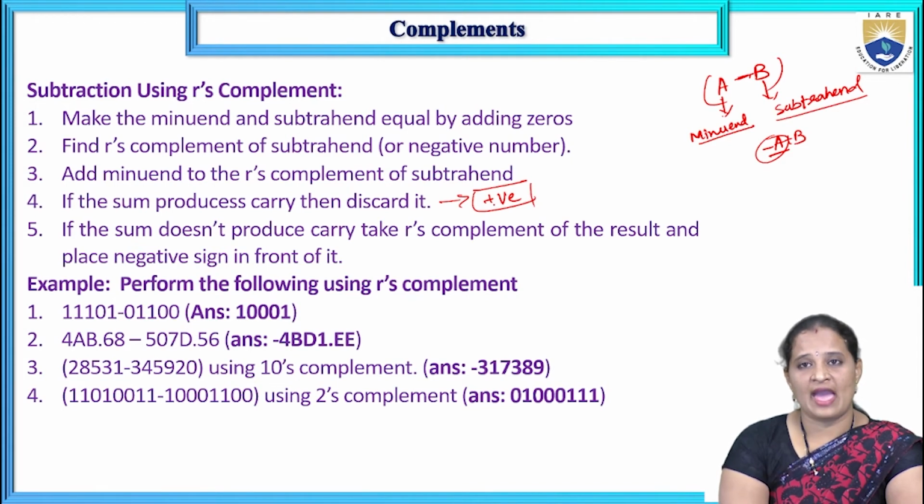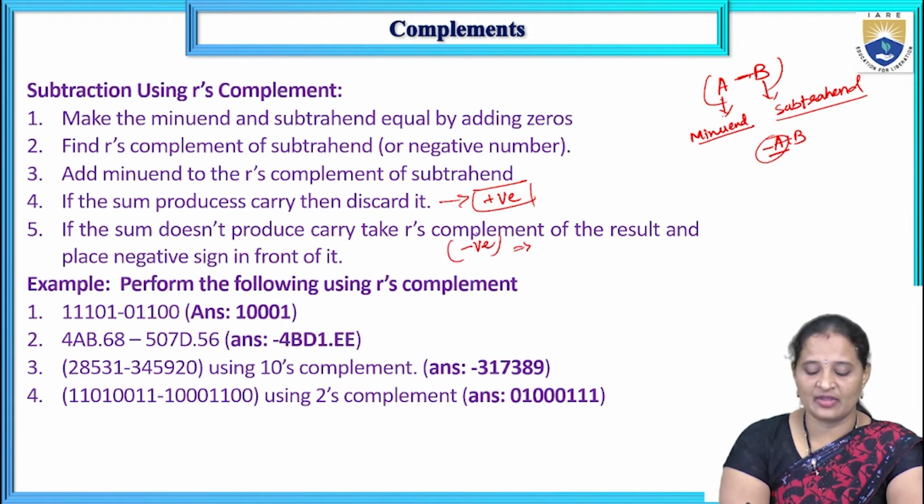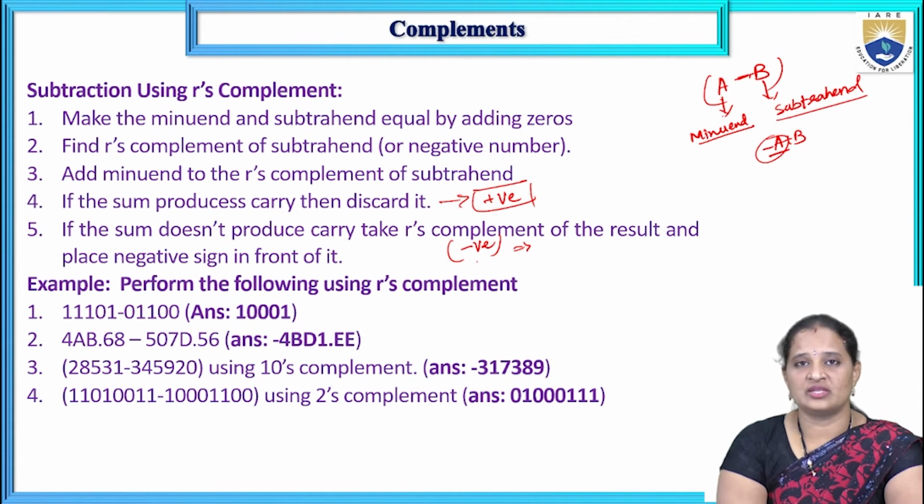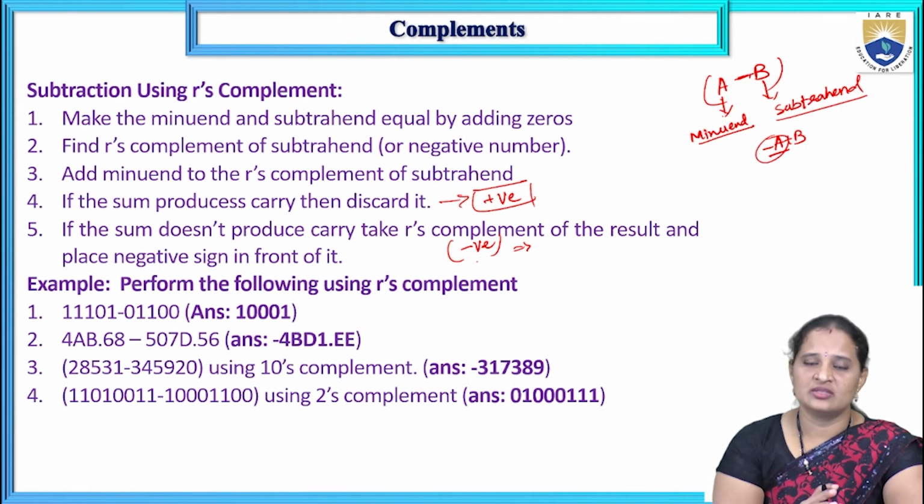If we don't have a carry, then the result is considered to be negative, and we should again take the r's complement of the result and put a negative sign before it. So these are the rules for performing the subtraction operation using r's complement. Whatever the number system may be, if you want to perform subtraction using r's complement, this is the procedure.